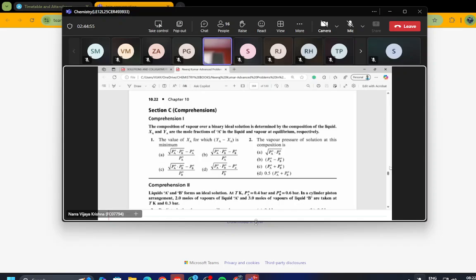Your choice, or multiply with PA naught by PB naught. Subtract PA naught, add PA naught. Equation minus PA naught plus PA naught means you are not doing anything, na? Then check.